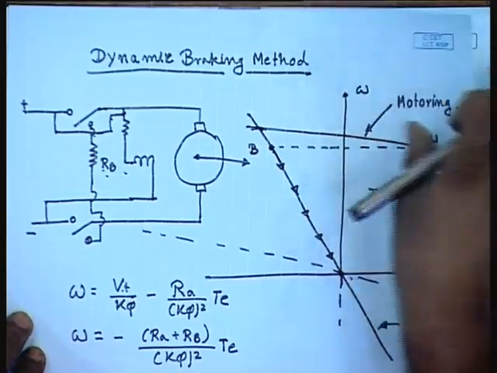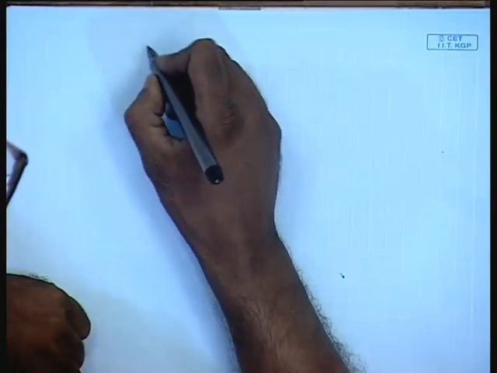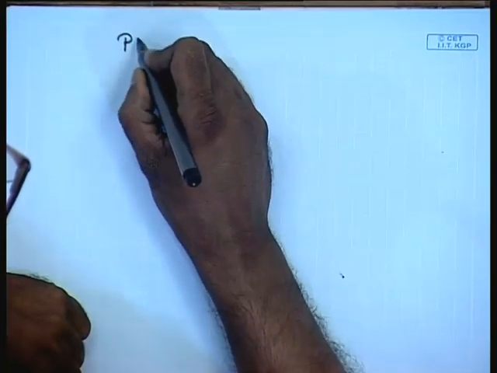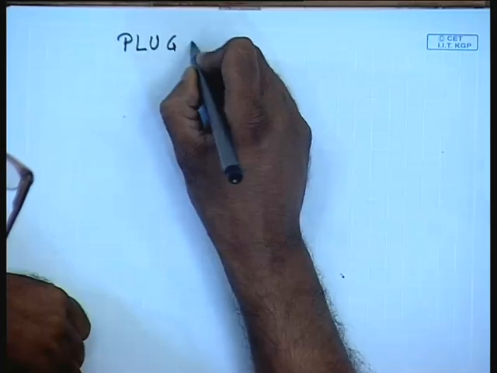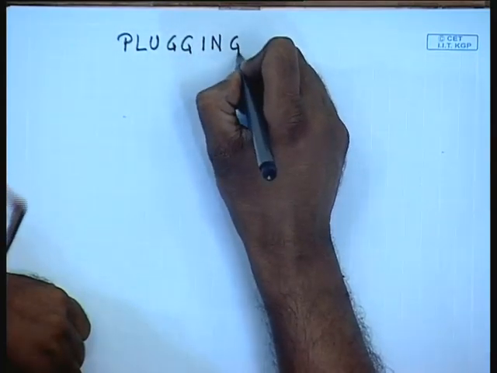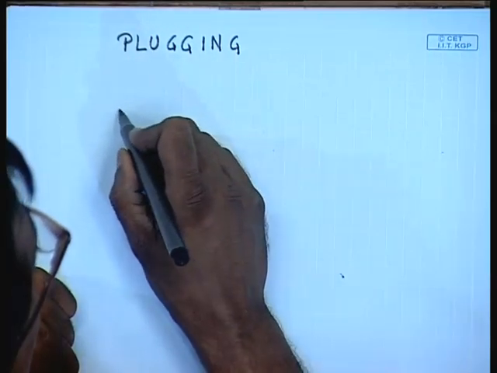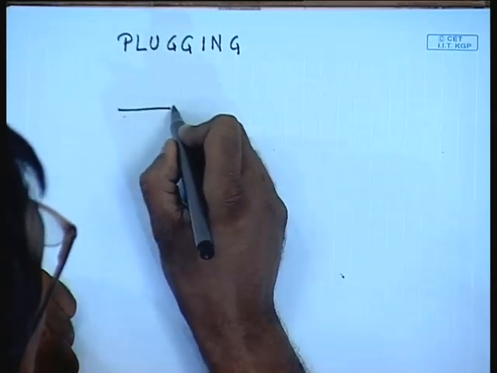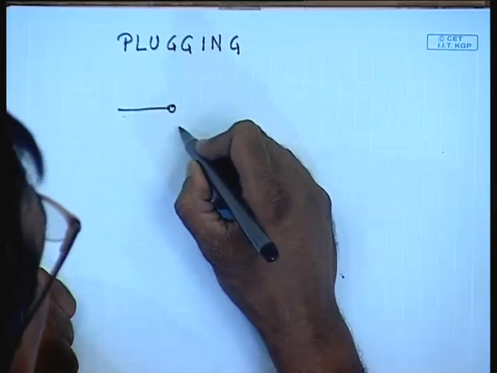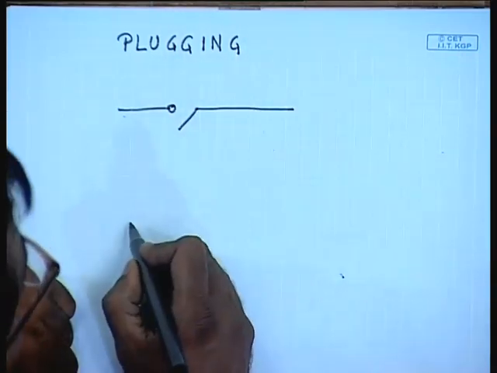There is a third method of braking called plugging. In this case, what we do is somewhat like dynamic braking.